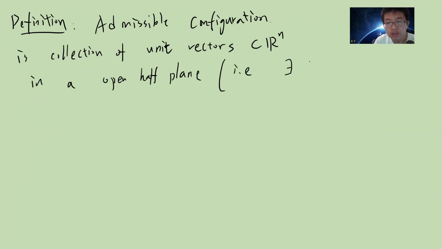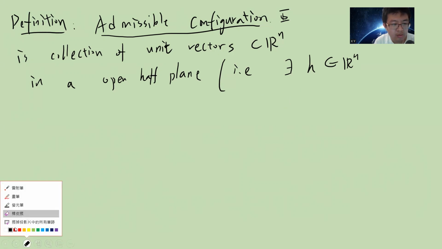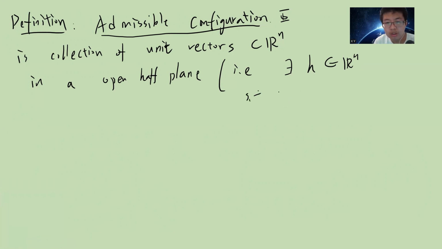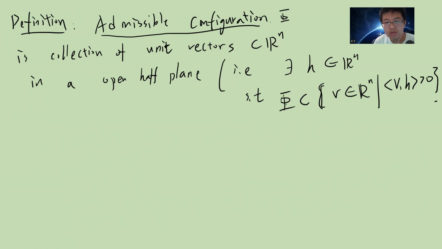This is the same as saying there is a vector h in R^n such that phi is a subset of all the vectors v in R^n such that v·h is greater than 0.